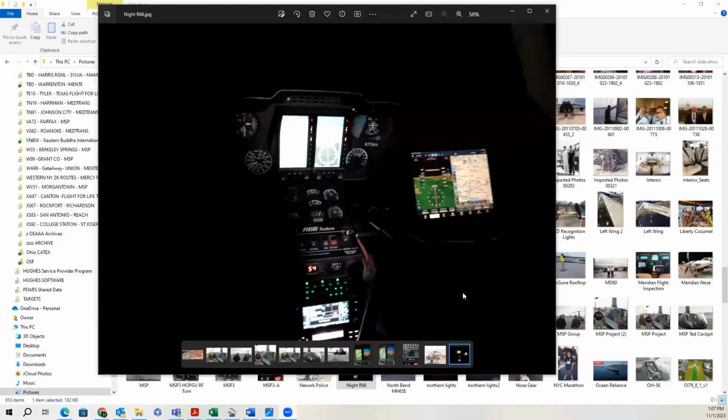So to the question that we had earlier, and to Jessica's point about IMC, this picture was taken outside of Morgantown at night. You can see it's a clear VMC night, but there's no moon, there's no horizon.